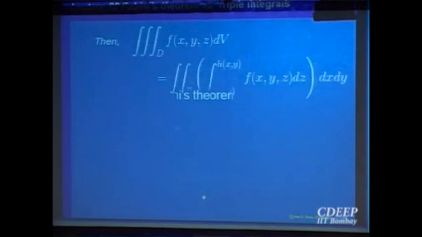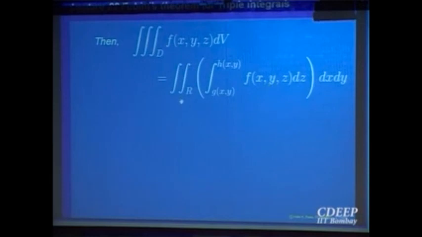Suppose it is of this type, then Fubini's theorem says that you can integrate a function of three variables by fixing here x and y. In this, you fix x and y, it becomes a function of only one variable, z, right. So integrate z between those two limits, z goes from one height to another. So this gives you an answer which depends on x and y, a function of two variables.